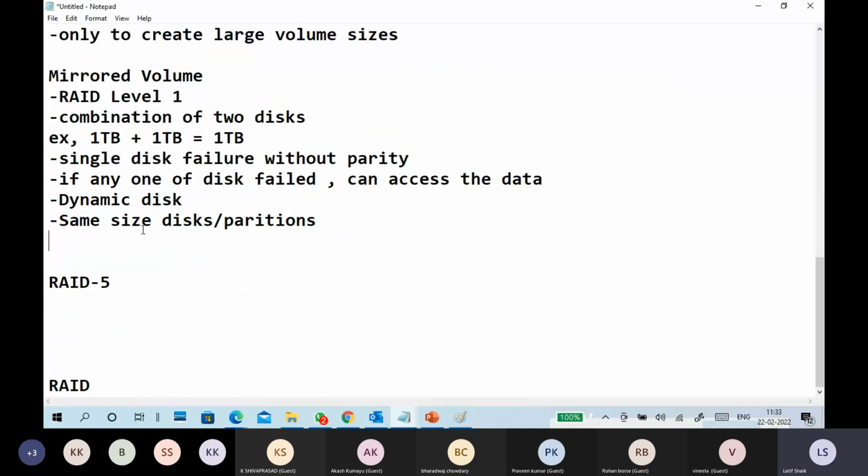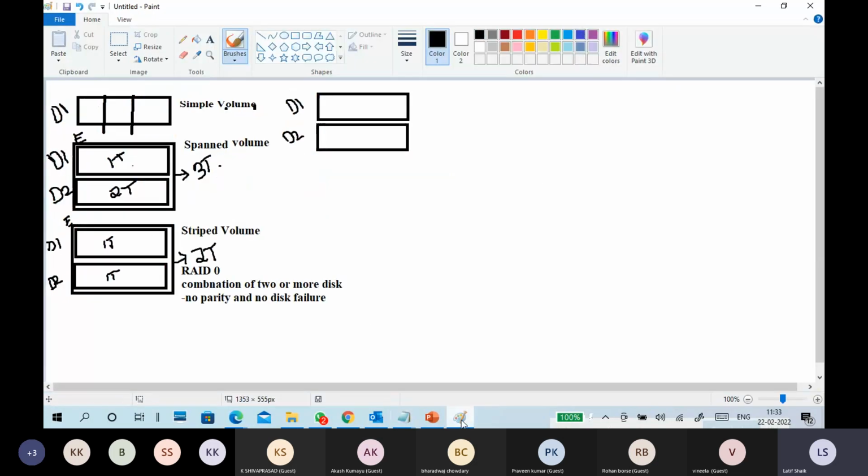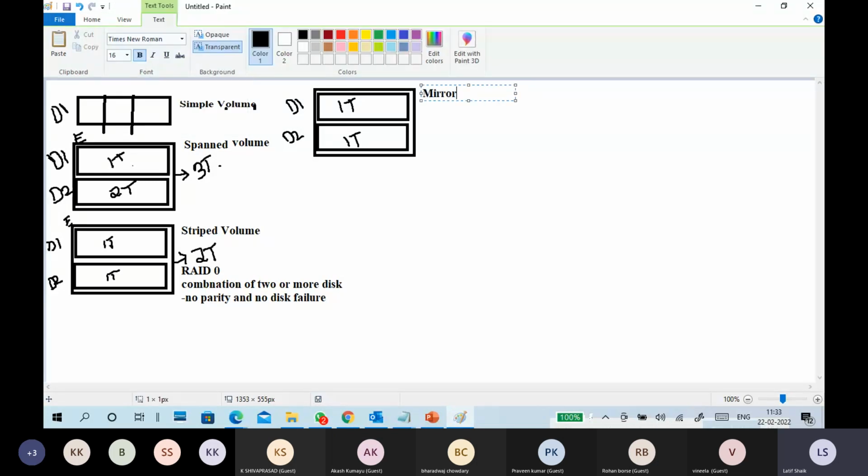Of course, mirror has some problems, so we'll see those kinds of problems also. Again, I'm explaining here. This is a 1 terabyte disk, and this is a 1 terabyte disk. I combined these 2 disks with mirroring, so that is called a mirror volume.